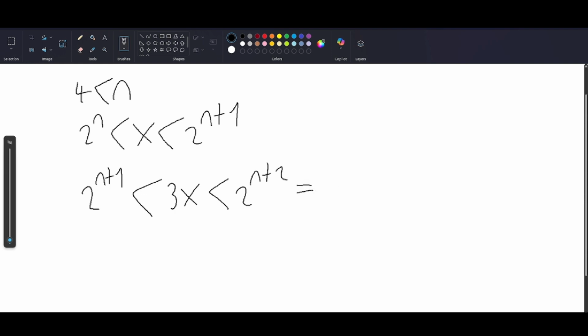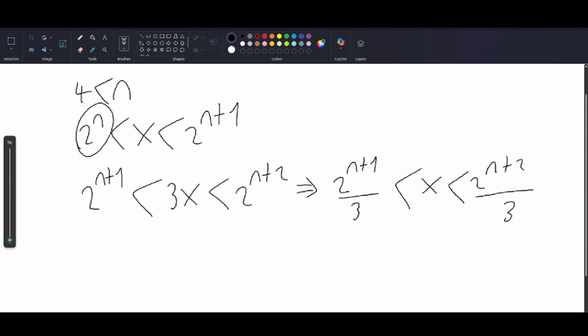Now let's take this second equation, divide both sides by 3 to get 2 to the m plus 1 over 3 less than x less than 2 to the m plus 2 over 3. Now, we have two different inequalities, both involving x. First says that x is more than 2 to the n. Second says that x is more than 2 to the n plus 1.